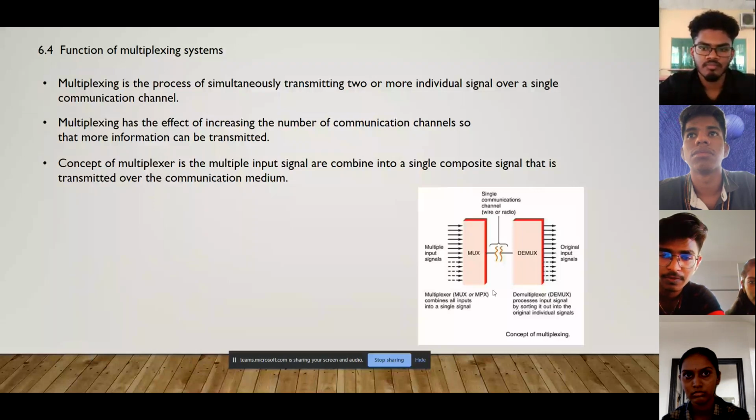And here we have a diagram of the concept of multiplexing. On the left, we have the multiple input signals, the MUX, and on the right, the original input signals, the DMUX. The demultiplexer DMUX processes the input signal by sorting it out into the original individual signals.